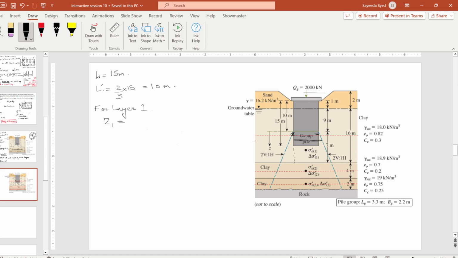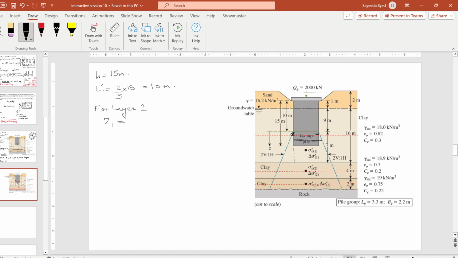I think there is something wrong with the scale of this figure, because we will have a midpoint. This is 9 plus 9, 10, 11, 12, 13, 14, 15, 16.